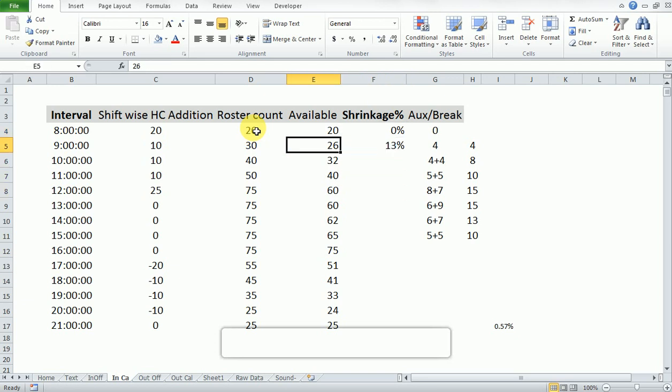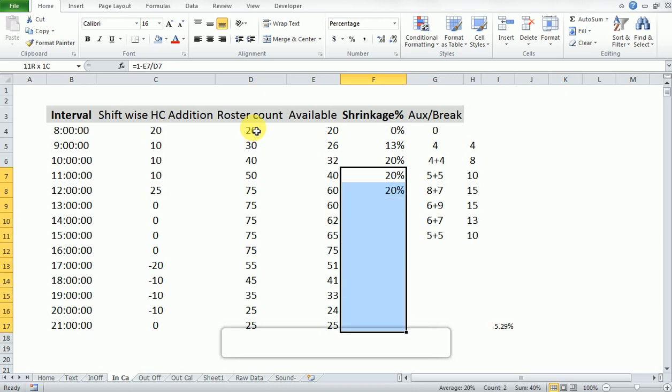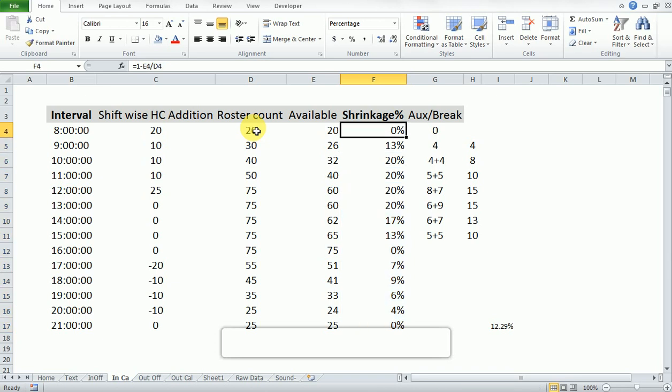The 26 available count against 30 gives 13% shrinkage, the same as 32 available count against 40, which gives 20% shrinkage. So this is the formula, you can see.